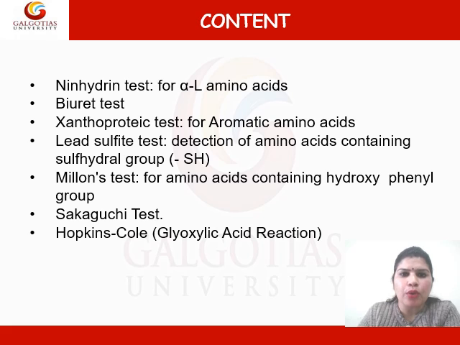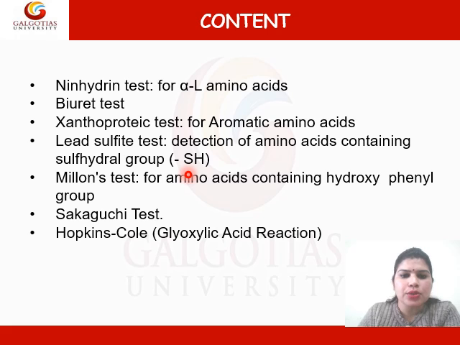There are a number of tests to detect the presence of amino acids and protein. This depends on the nature of the side chain. In today's lecture, we will learn about the ninhydrin test that is used for alpha L amino acids, the biuret test that is used for identification of the presence of peptide bonds, the xanthoproteic test that is used for aromatic amino acids, and the lead sulfide test that is used for the detection of amino acids containing a sulfur atom.